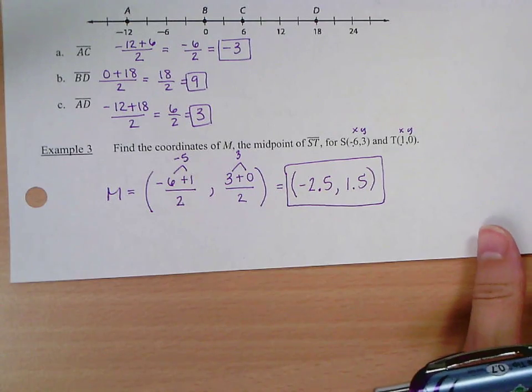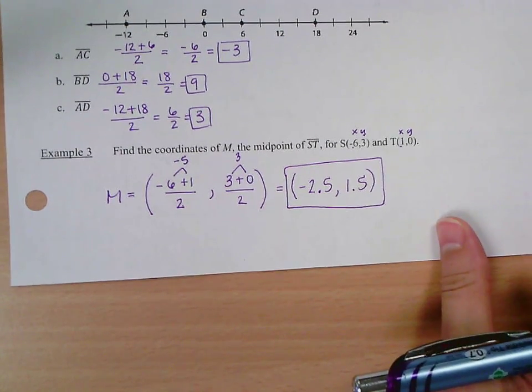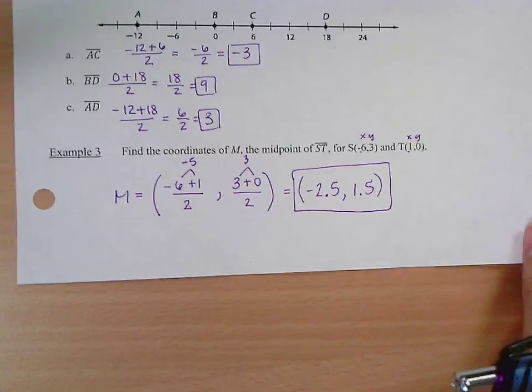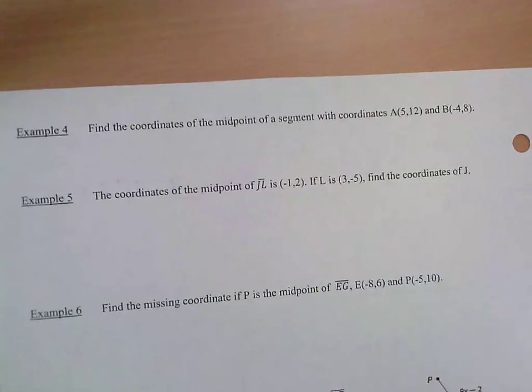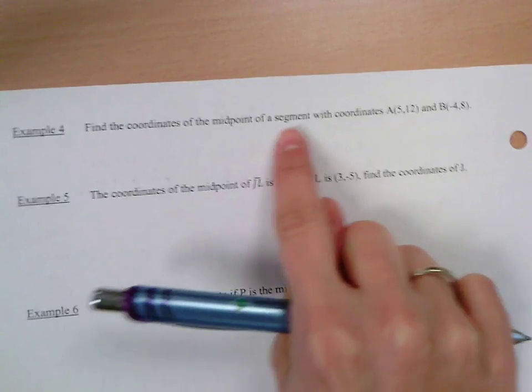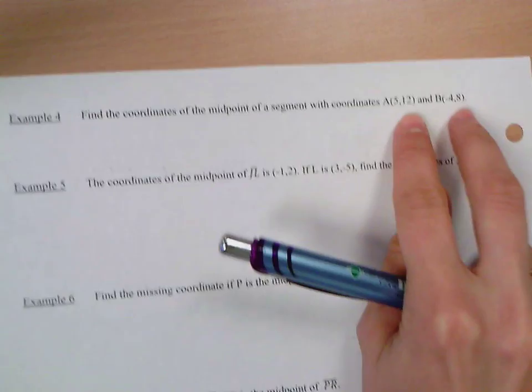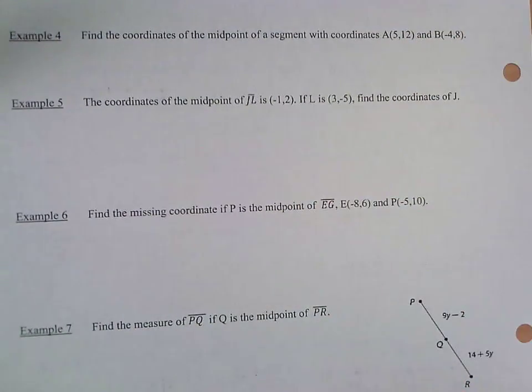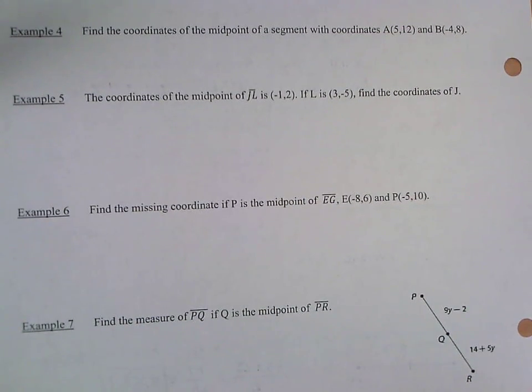Okay, so if you flip it over, example 4, here's a chance for you just to practice one, make sure you understand that formula and can use it. Find the coordinates of the midpoint of a segment with coordinates A and B as the endpoints. So you're finding the midpoint of segment AB, this would be the segment. So practice using that formula on your own.